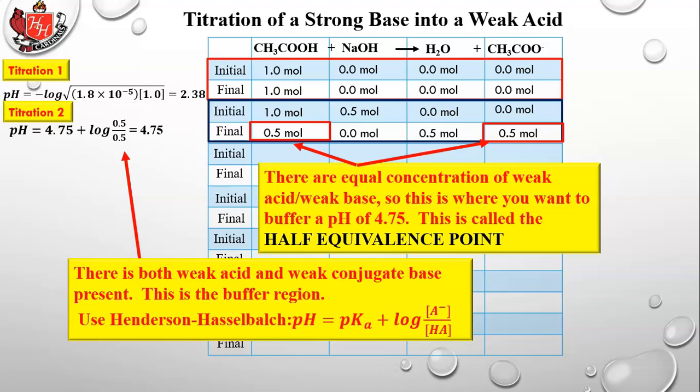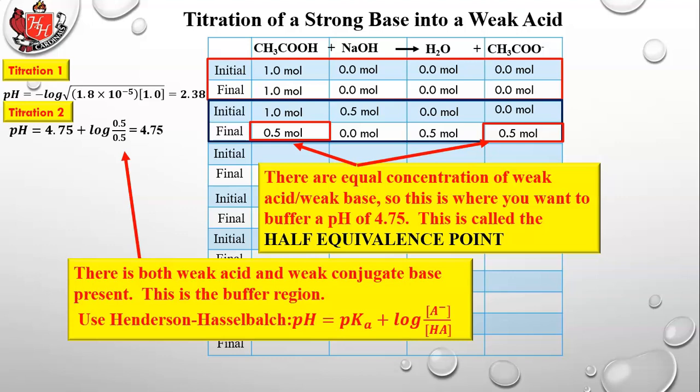Basically the rule of thumb is whatever pH you want to buffer the solution at, you find an acid that has a pKa of that same number. In this case, acetic acid has a pKa of 4.75. And there you go. So that's what you want to choose.